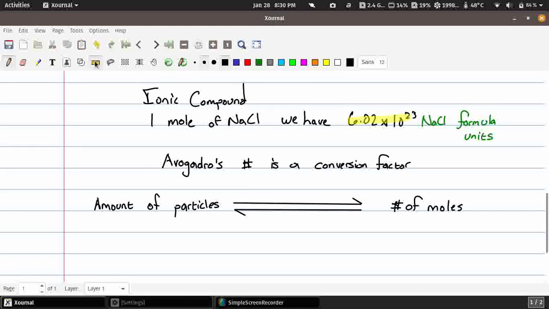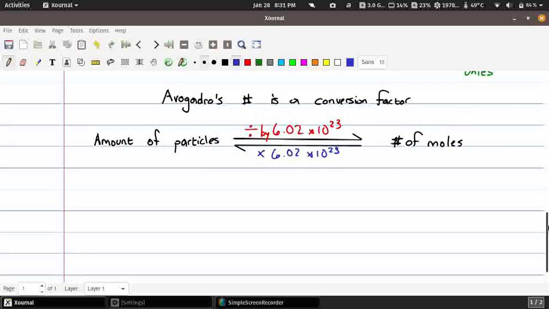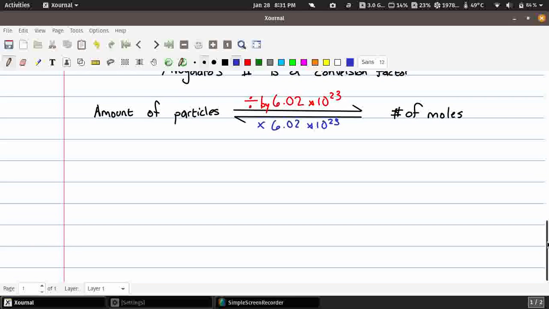So, anyways, for the amount of particles to moles, you're going to divide by 6.02 times 10 to the 23. If you're going number of moles to amount of particles, you're going to multiply it by 6.02 times 10 to the 23. I'm going to show 2 short examples, and then there's homework problems for you to practice.